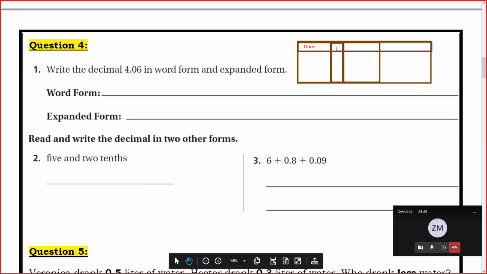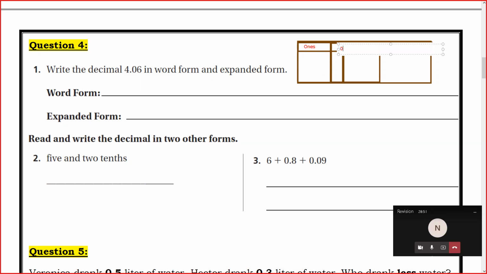So this is the ones. This is here the decimal point. This is here the tenths. And this is here the hundredths.